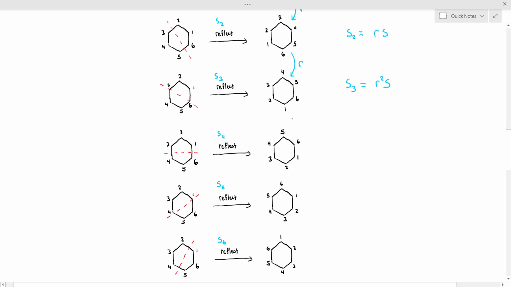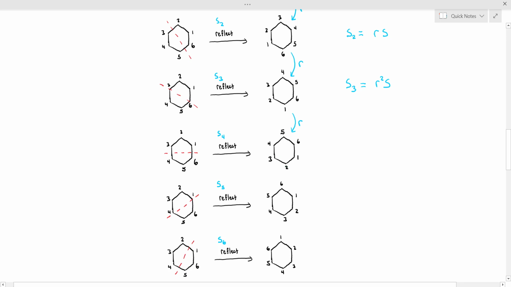So this pattern continues. Maybe I'll just illustrate one more. To obtain this hexagon from this one, you just need to apply a counterclockwise rotation by 60 degrees. Shift all these vertices counterclockwise by 1, and you get this hexagon.